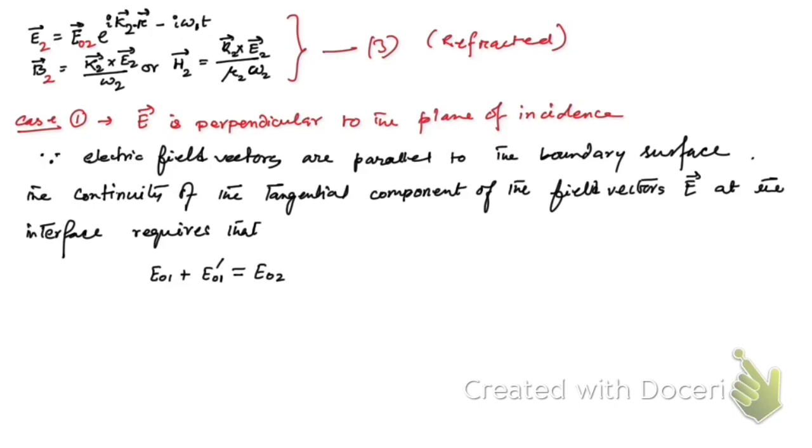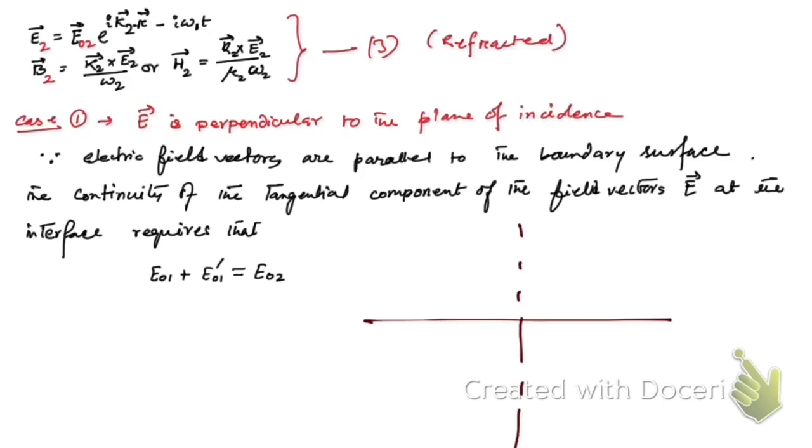Okay, now you see, in case of magnetic field vectors, B vector or H vectors, if you see the diagram, let me explain here. This is the boundary, suppose, where the electromagnetic wave strikes, and this is the normal.